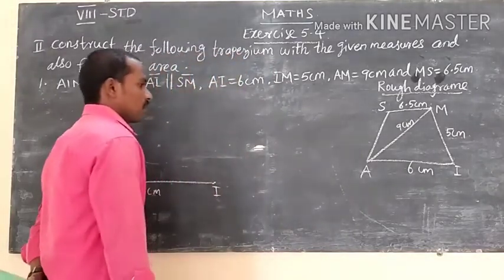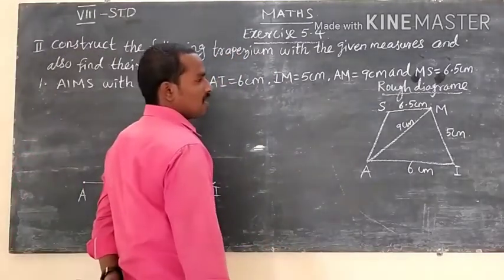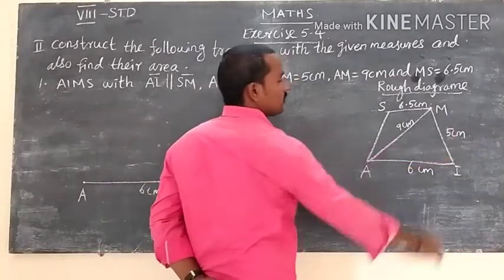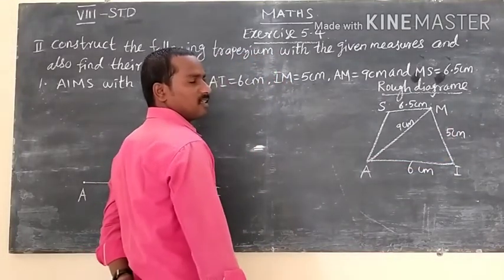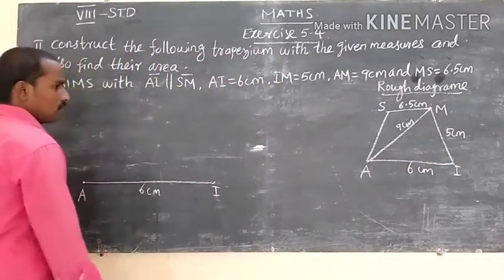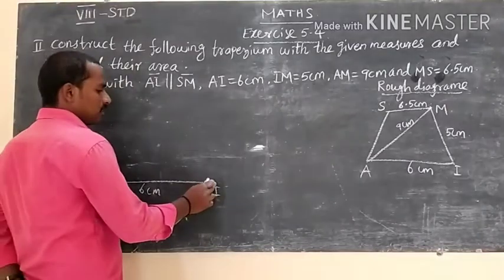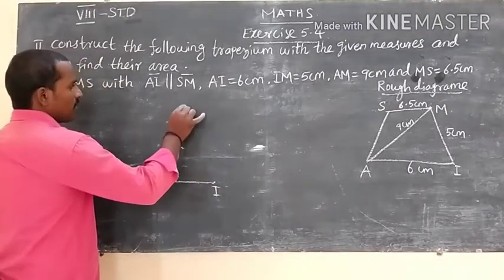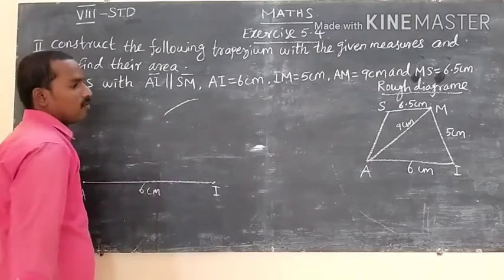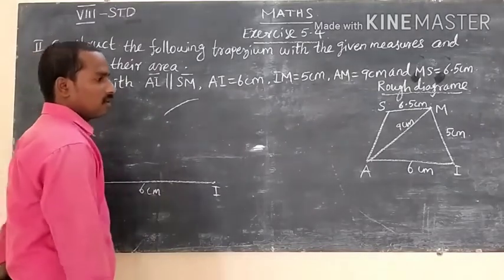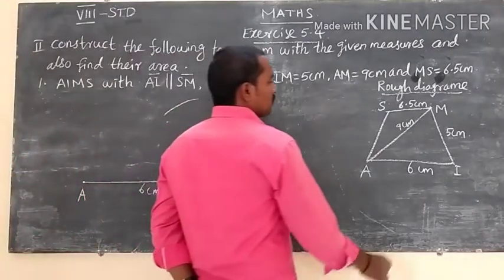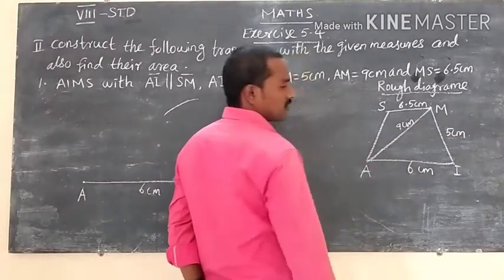Now take your compass. Measure 5 cm using the ruler. Now put the sharp edge at I and draw the arc of 5 cm. Then take your compass and measure 9 cm.